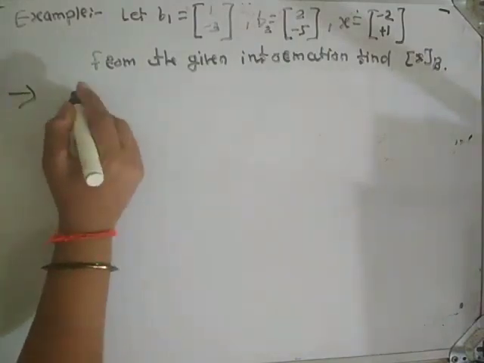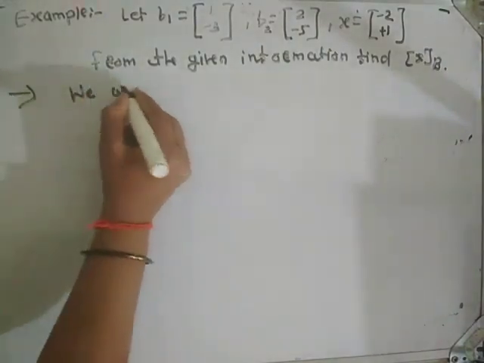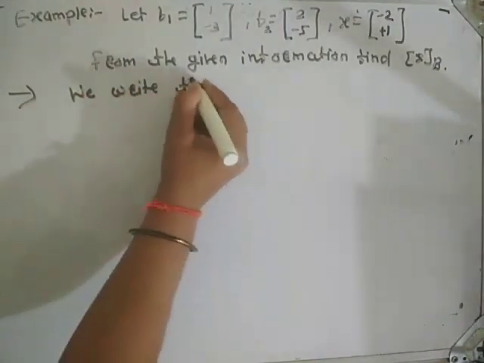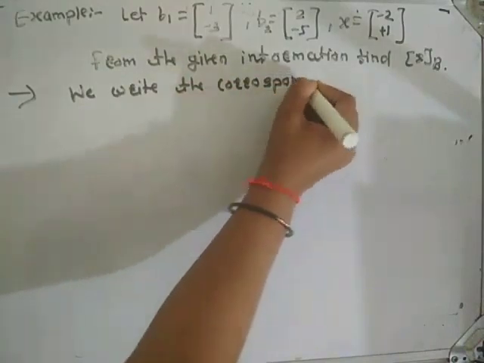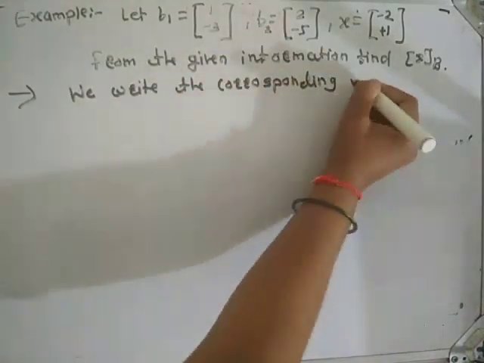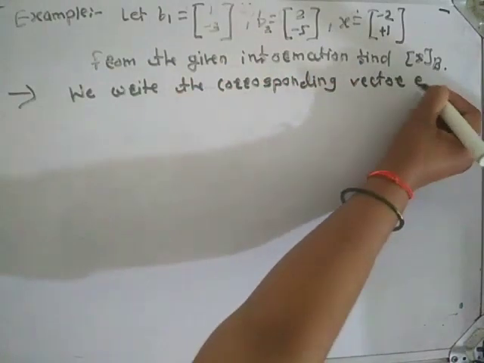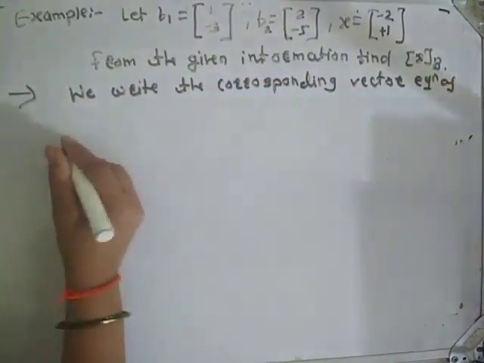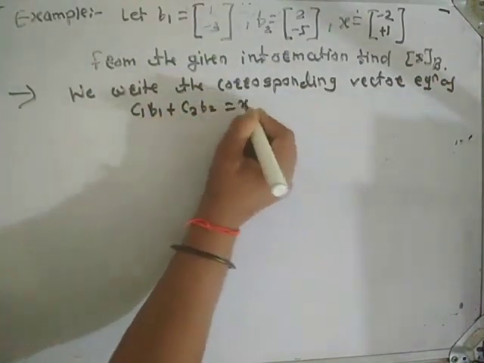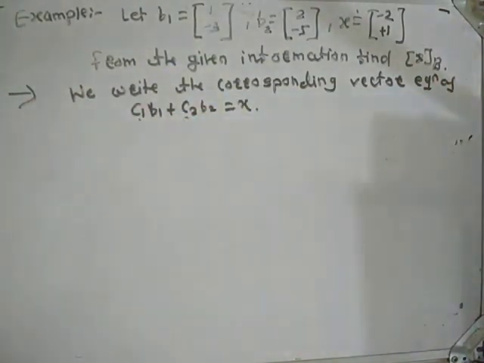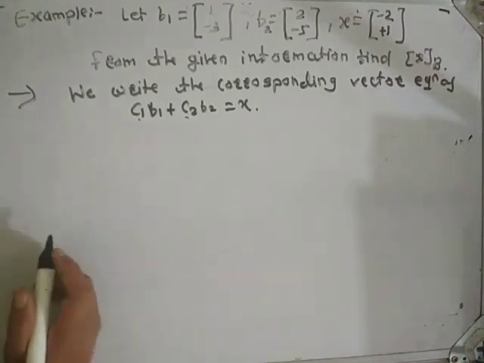By definition, we write the corresponding vector equation as c1b1 plus c2b2 equals x, and this c1, c2 are nothing but the coordinate vector of x relative to the basis.